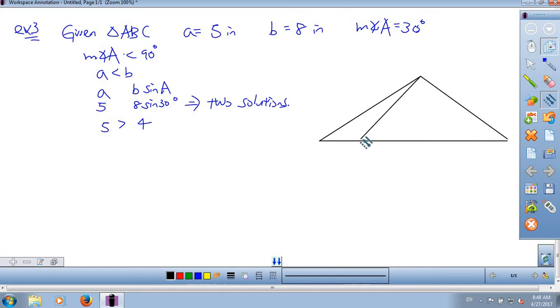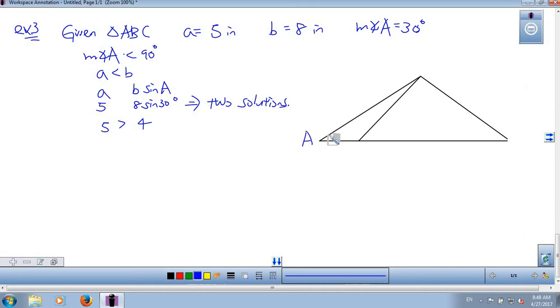Angle A is 30 degrees, side b is 4, and side a is 5. And this is also a equal to 5. So you can see we have several situations here. We have angle B here, and we have angle B prime. So we have 2 solutions.